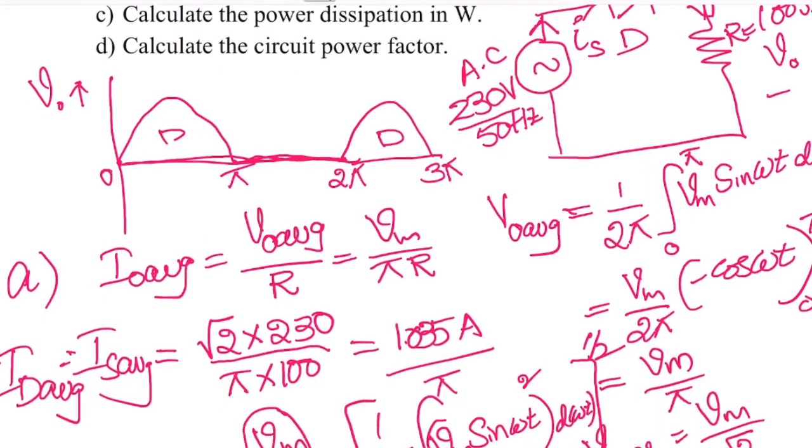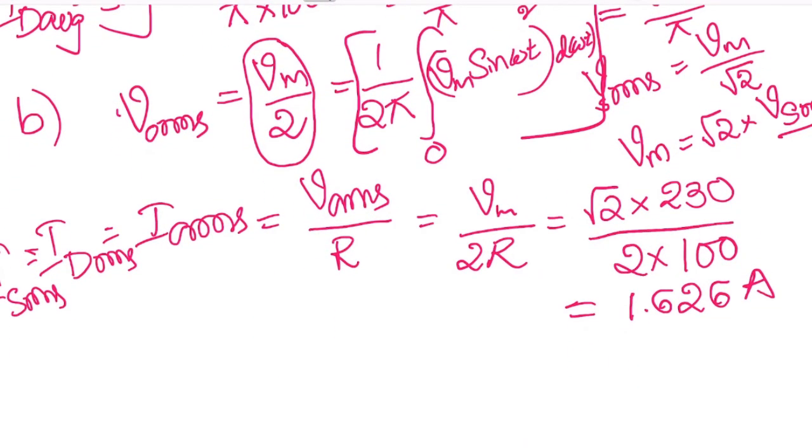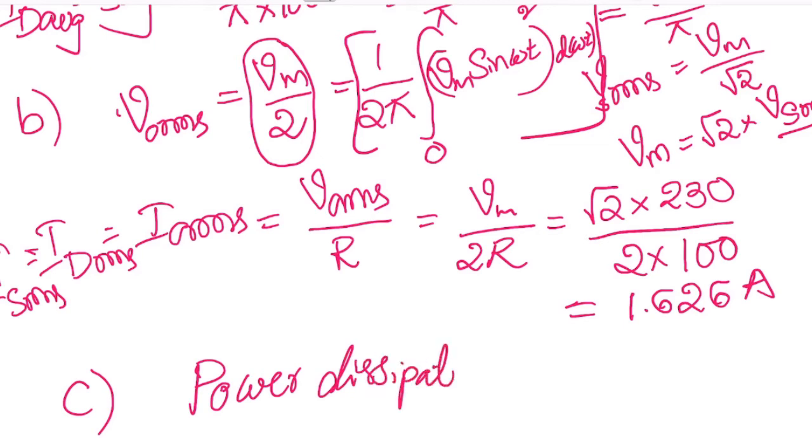The third one is power dissipation in watts. If you want to calculate the power dissipation, the resistance will always consume the power. So power dissipation in R is equal to output RMS current square into R. Then what is the output RMS current?